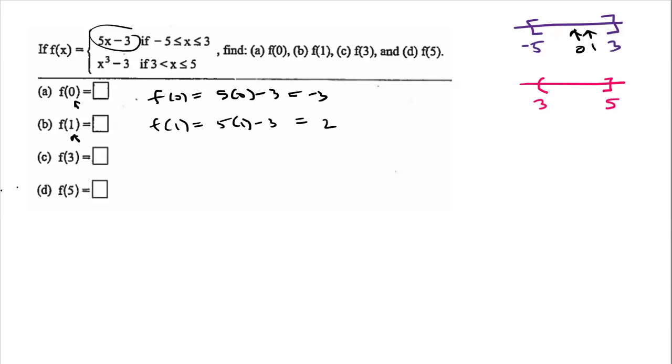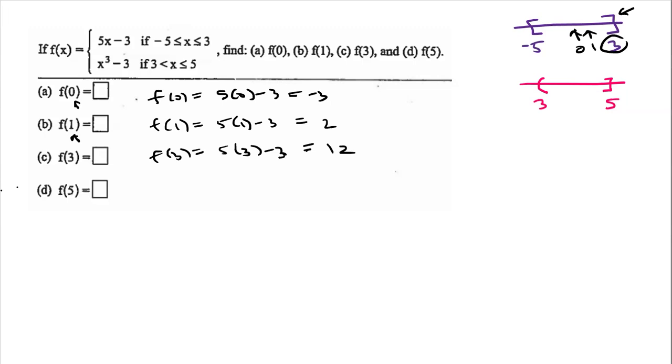So we use the first equation again. That's why we have the bracket here, to tell us that it is included. So f of 3 is 5 times 3 minus 3, which is 15 minus 3, which is 12.